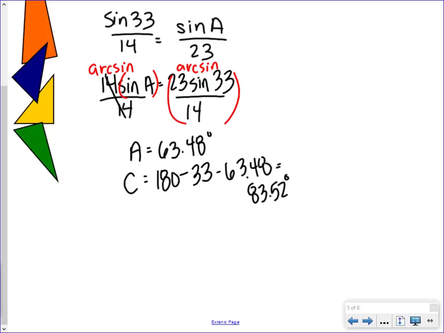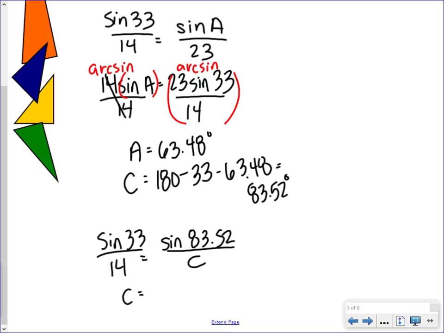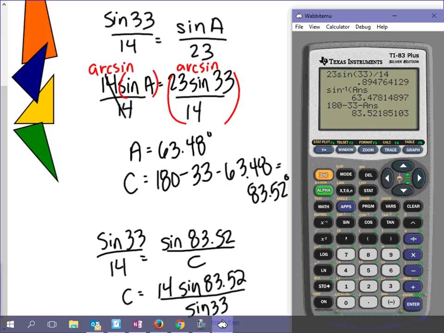So set it up and solve it. Sine 33 over 14 is equal to the sine of 83.52 divided by c. Cross multiply, divide, and then you've just got to type it into your calculator.